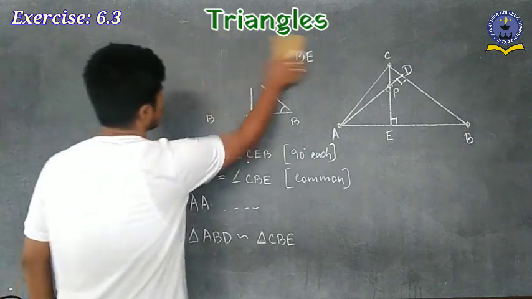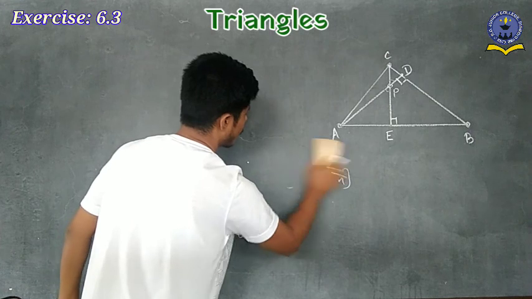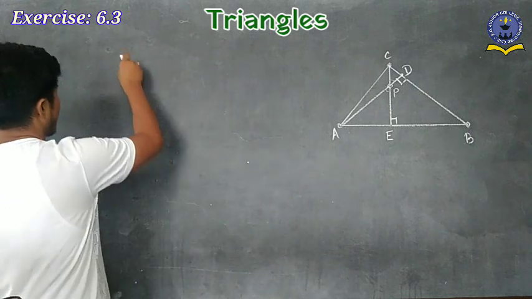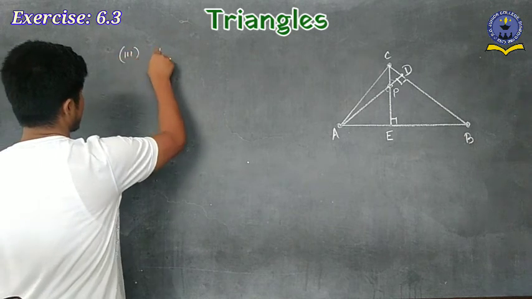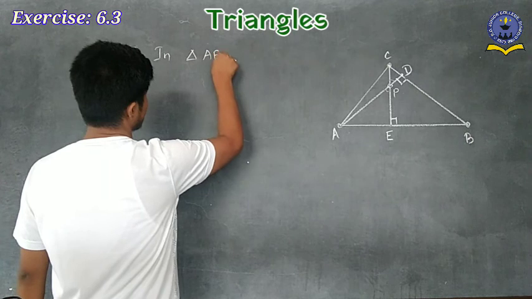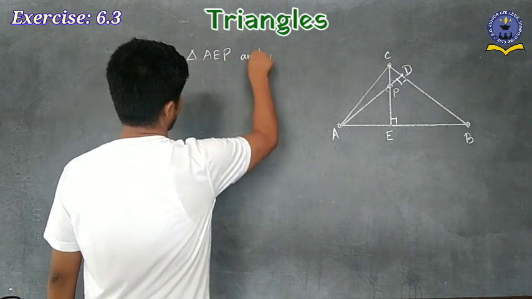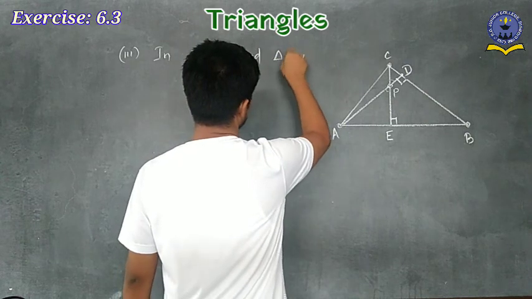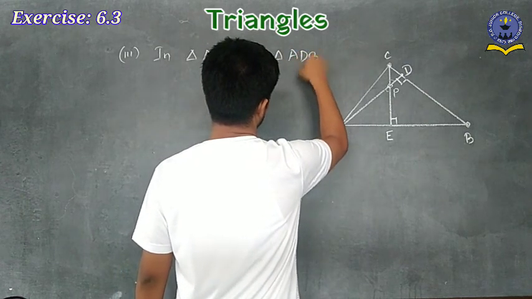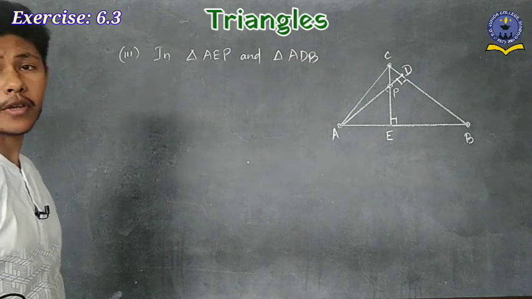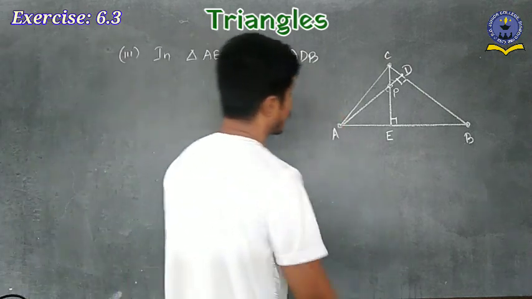So now here, after completing this number 2, the third one we have to write here, and in the third case the triangles we have to consider are triangle AEP and triangle ADB. AEP and ADB we have to take, and these two triangles now we need to prove similar.